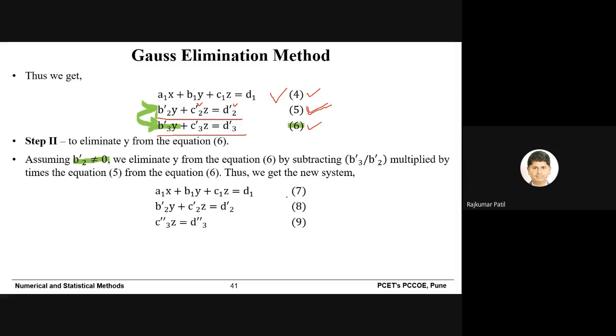Once you do that, you will get equation number 7, which is the same as equation number 4, equation number 8, which is the same as equation number 5, and a new equation 9, which is the modified version of equation number 6, where you will not see the term b3 dash y, as we did the matrix operation.